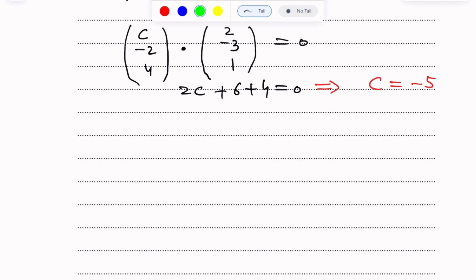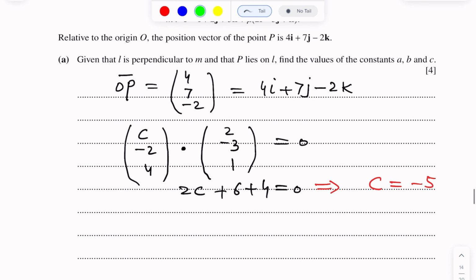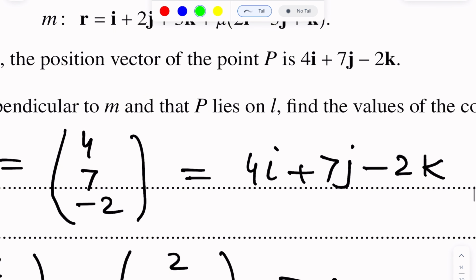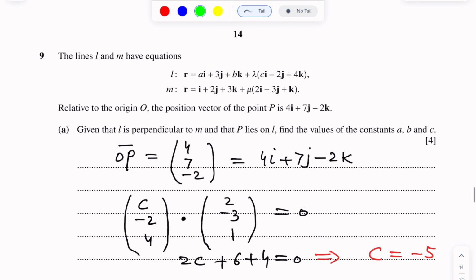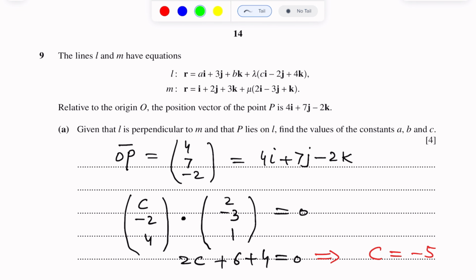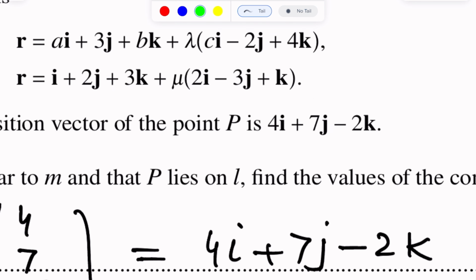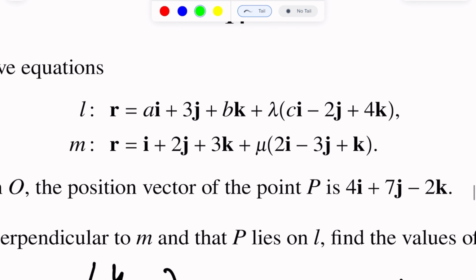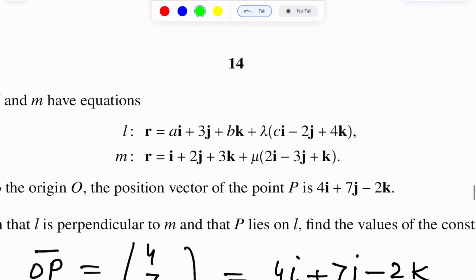So P lies on L. The coordinates of P: we are taking this point P as a general point, but the position vector of this is given. How will we find the general coordinates of the general point?